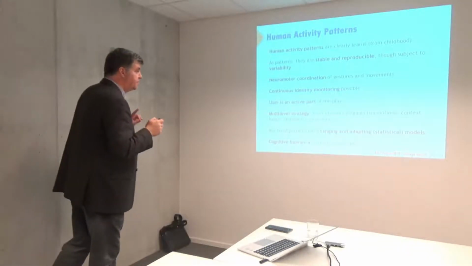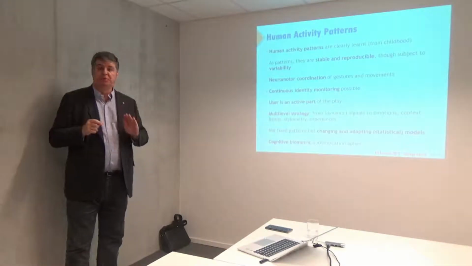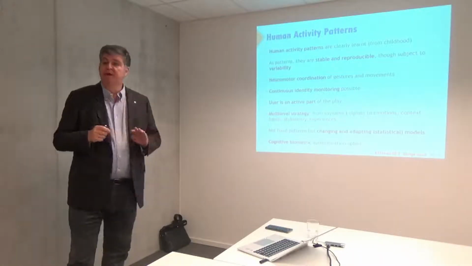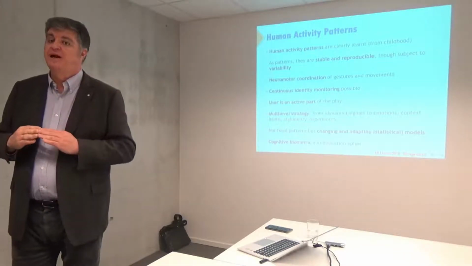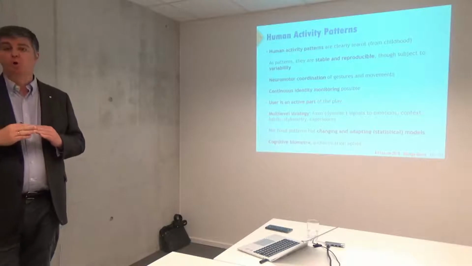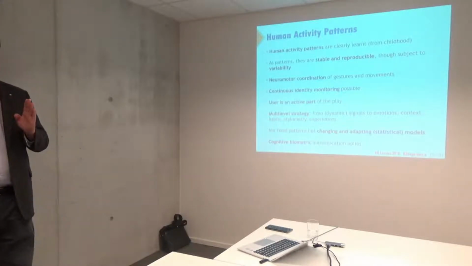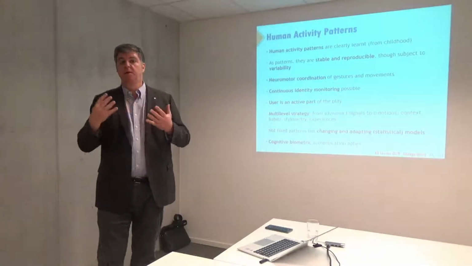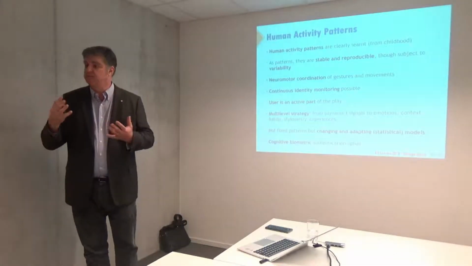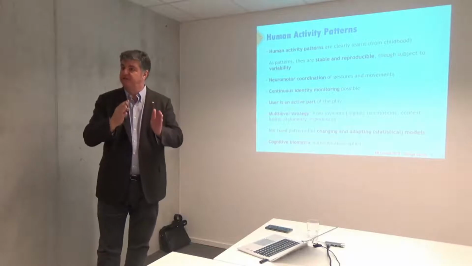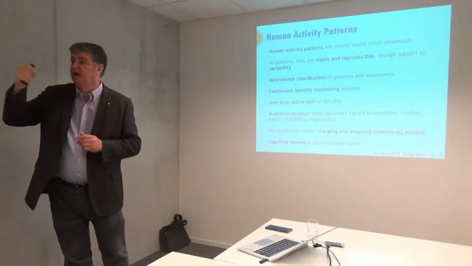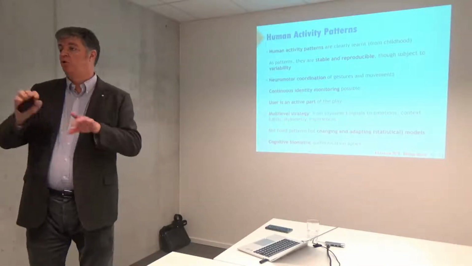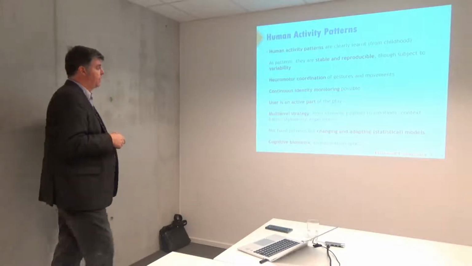As patterns, they are stable and reproducible, even if they are subject to variability. We have to cope with variability problems, but they are stable. When we speak, we always recognize a given person if he's familiar to us, or we can understand what you are writing or typing.